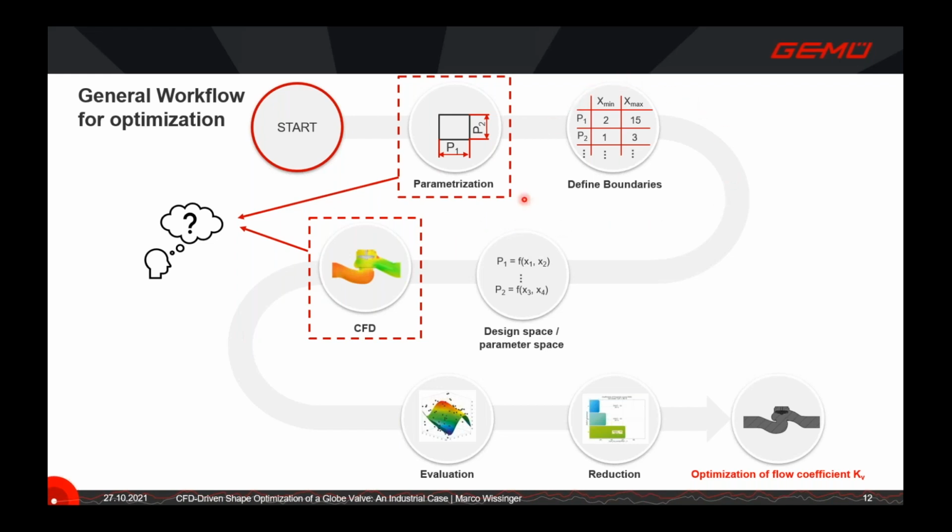After that, you have to define the boundaries of your geometry, then define its design space, perform all the CFD calculations, evaluate all the results, reduce the input parameters to the most important ones, and use these for the design optimization afterwards. For the CFD part, a very good tool to use is SimScale, and it's very powerful. But what about the upper part, the parametric part of the CAD contour?